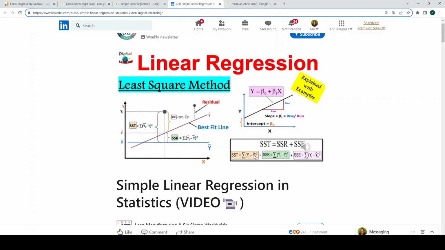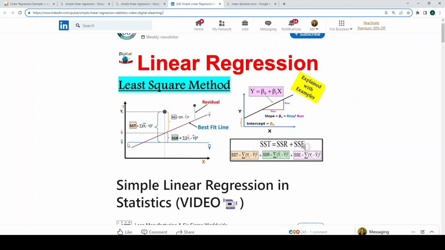I'm not going to explain in very much detail, but the concept is something like this. Say suppose we are trying to determine what is the relationship between age and income.